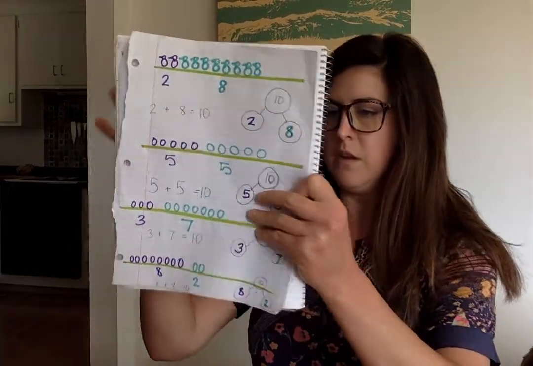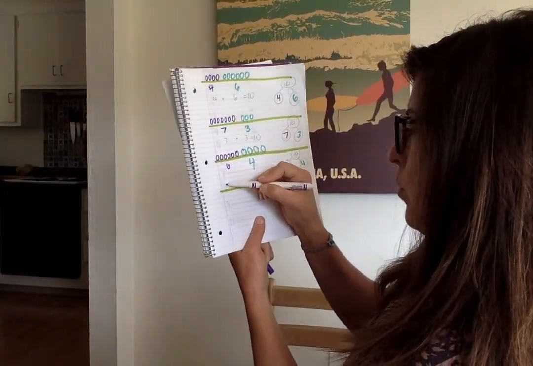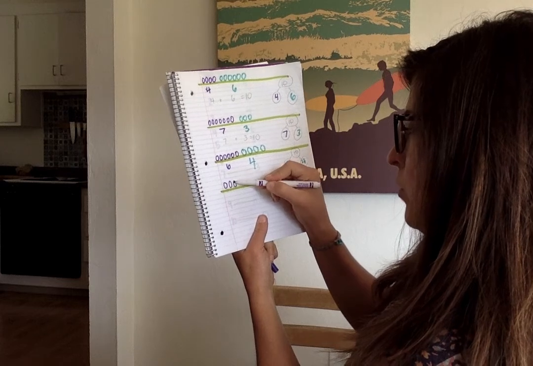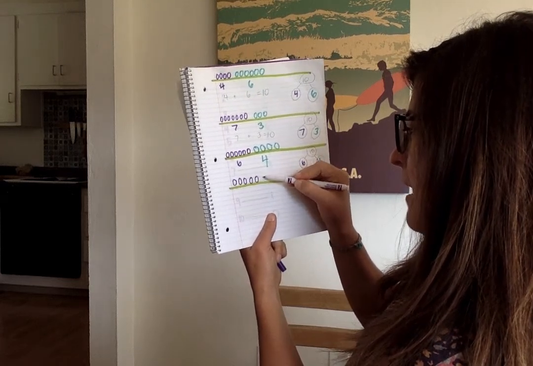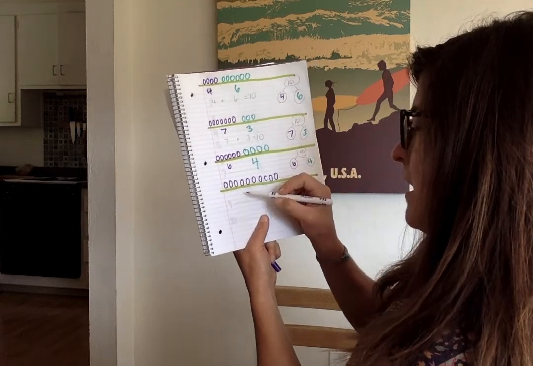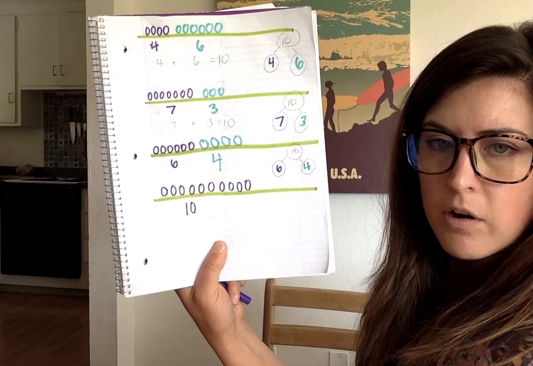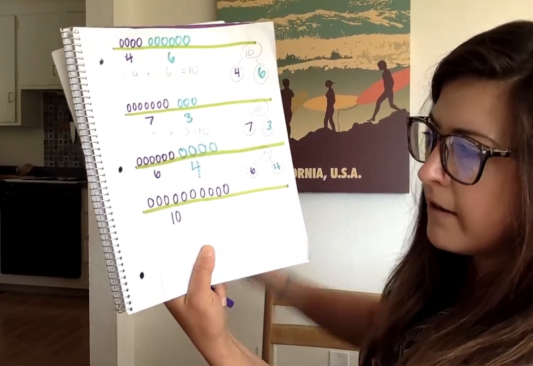I heard somebody say you didn't do one with 10. I totally forgot about 10. So I'm going to do 10 purple circles sitting on the wire. 1, 2, 3, 4, 5, 6, 7, 8, 9, 10. Now, do I have to add any more? We're already at 10, right?